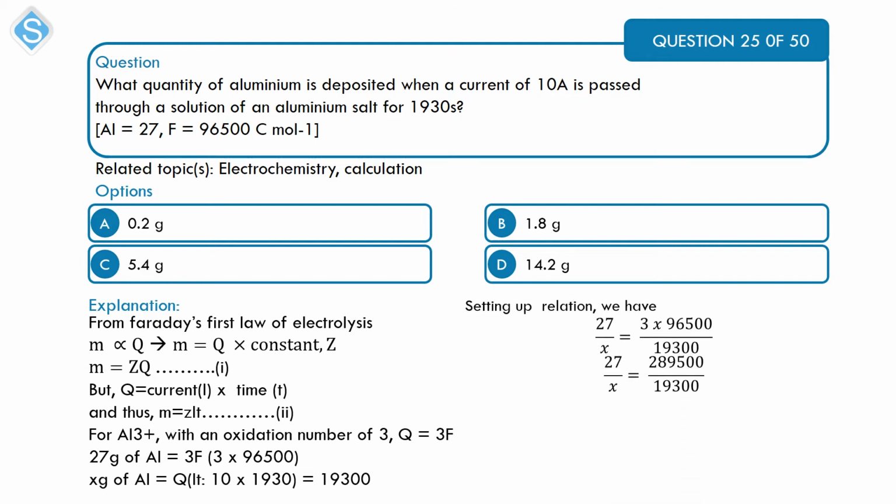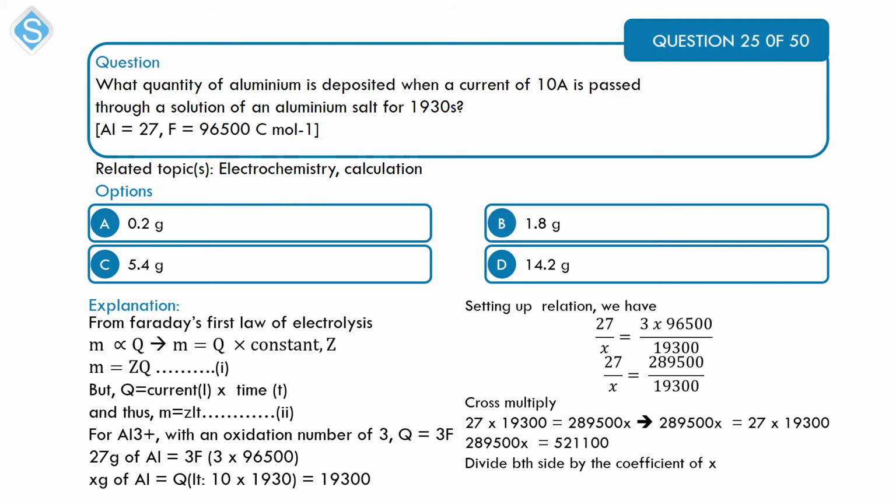So what we'll do is set up a relation. You have 27 over X equals 3 times 96,500 over 19,300. So 3 times 96,500 is 289,500. For something like this, you could just use your calculator. Next, we cross multiply.